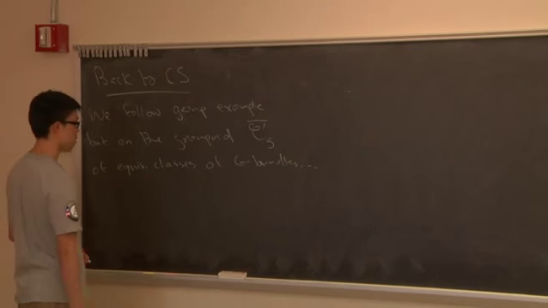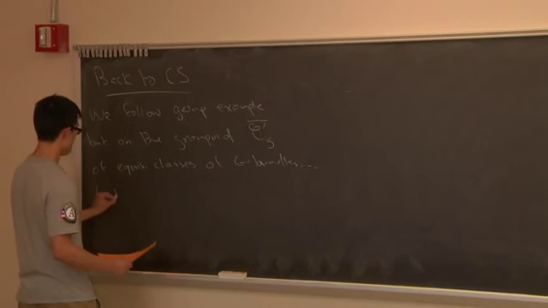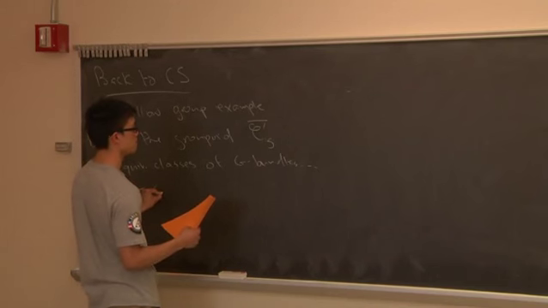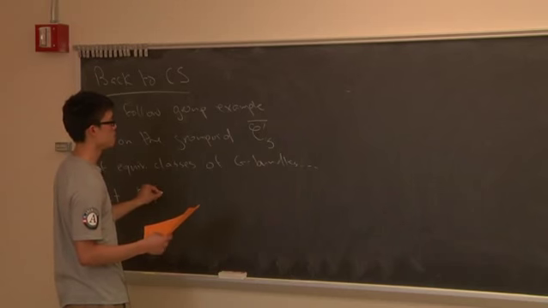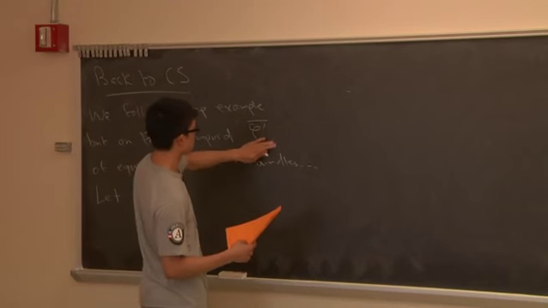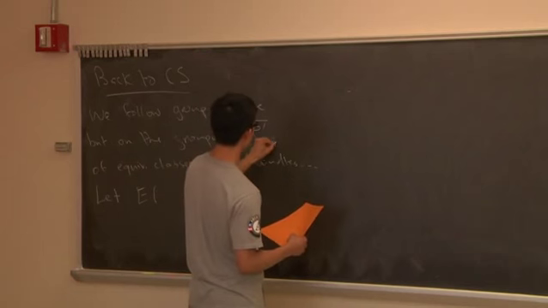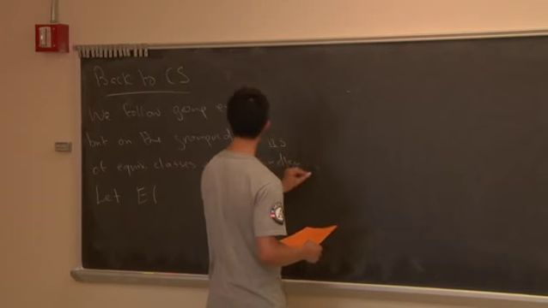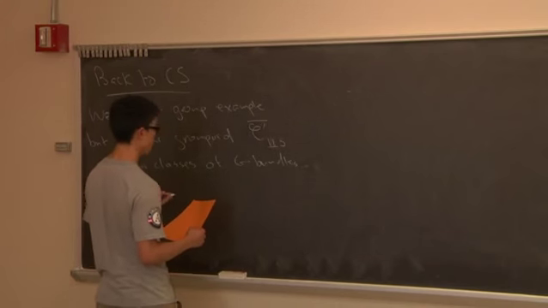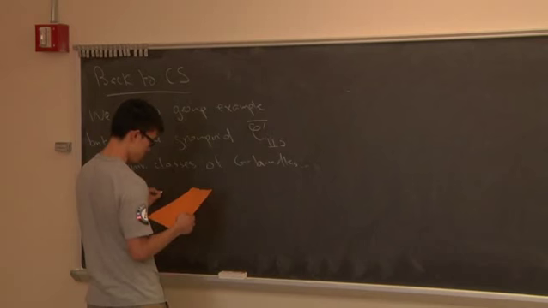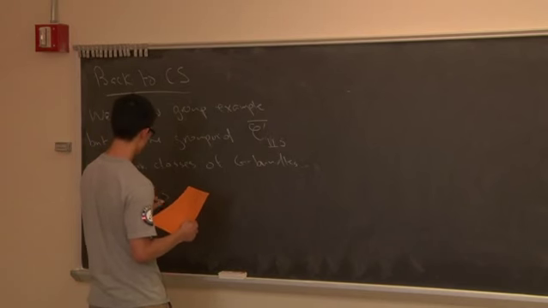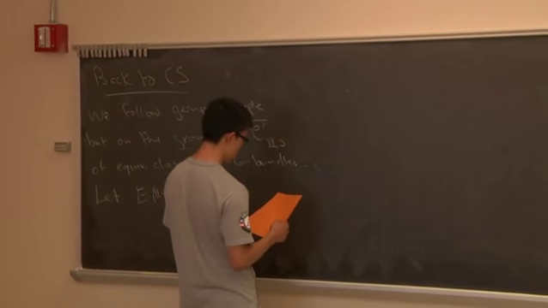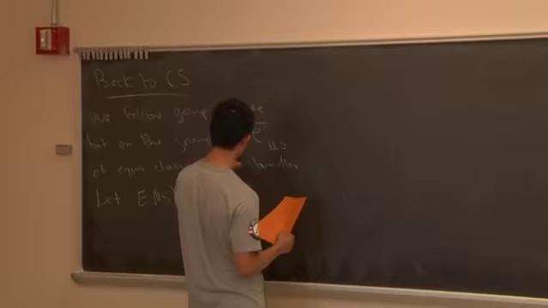Okay, so let E of, maybe I want a disjoint union of cylinders now. But yeah, let's do that. So E of this thing here be L2 functions on this guy.